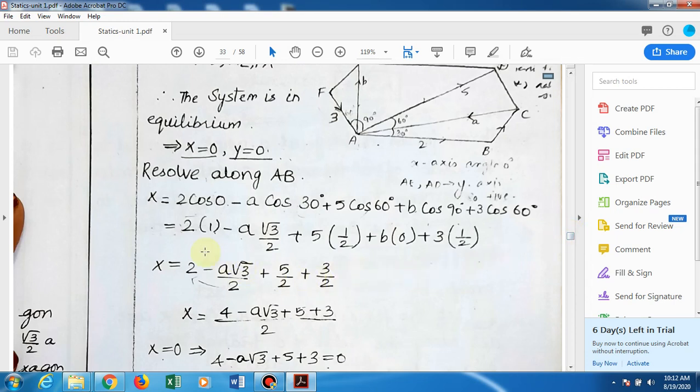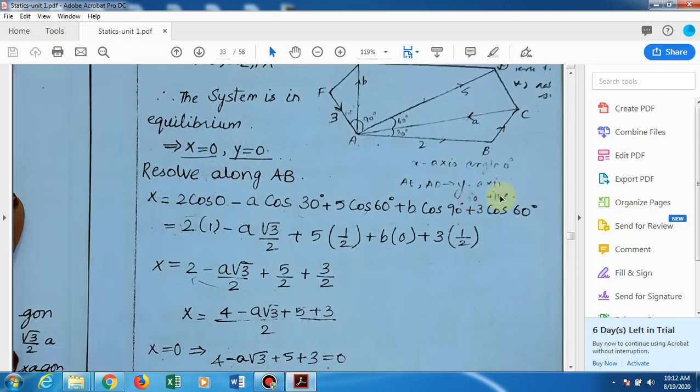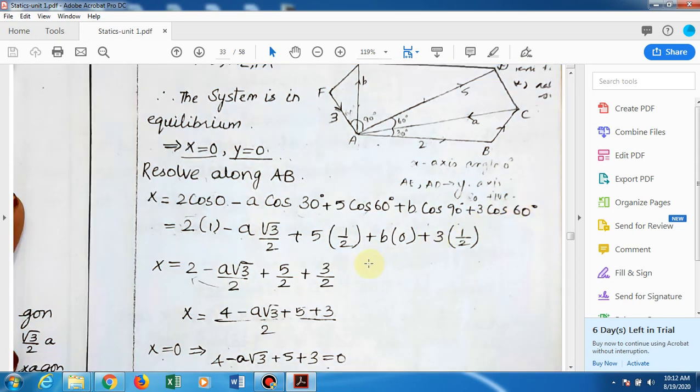For AB it is 2 cos 0, then minus A cos 30, because the direction is downward, so minus, the arrow mark is down. You know how to put it as in the previous problems. Cos 0 is equal to 1, cos 30 is root 3 by 2, cos 60 is 1 by 2, cos 90 is 0, and cos 60 is 1 by 2. Therefore what value are you getting?